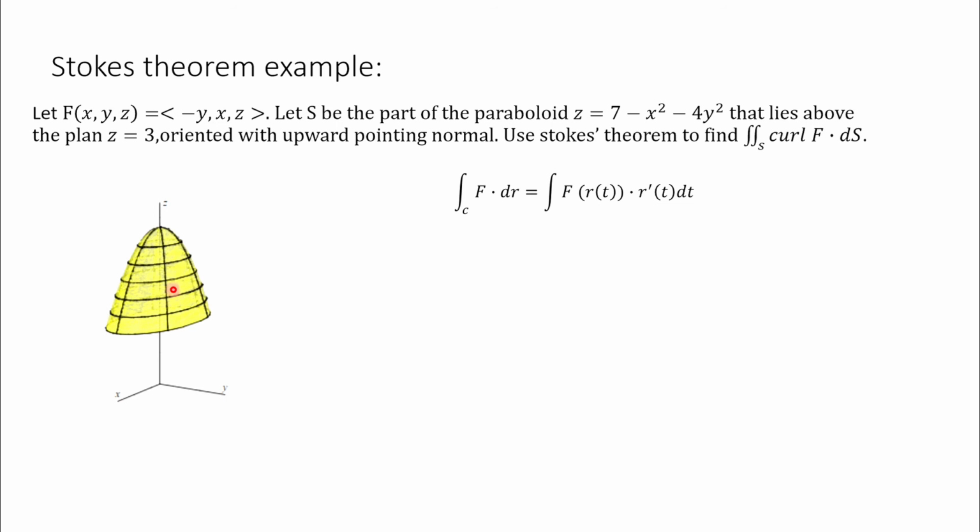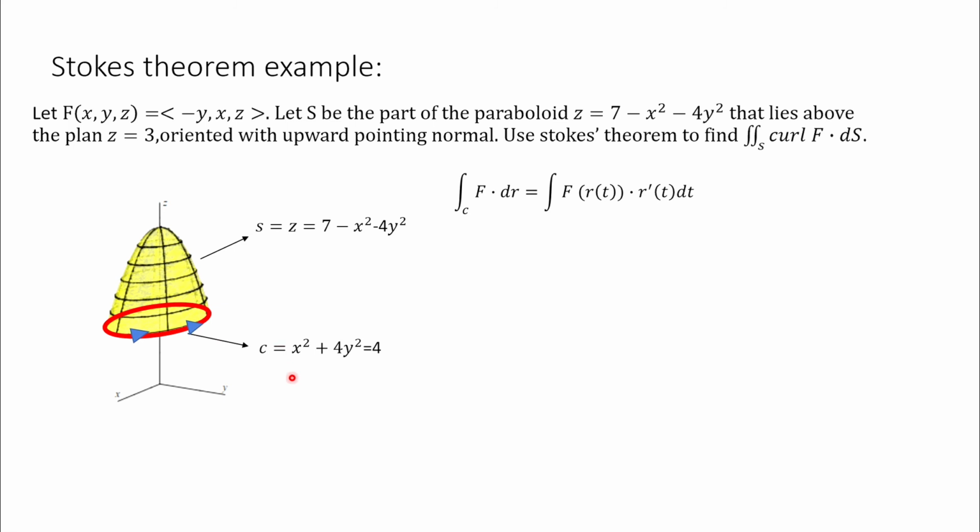Next, we sketch the paraboloid equation in a 3D view. So the paraboloid will be in this form. So here is S, which is z equal to 7 minus x squared minus 4y squared. So this will be C. C is the boundary of S. C will be this part with positive direction.